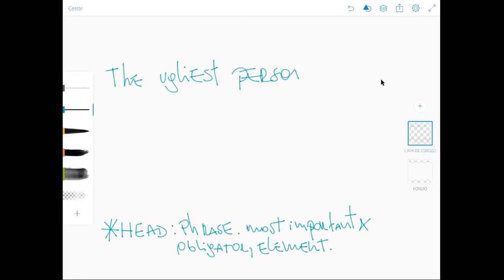Now, if I take a look at this group of words, the ugliest person, then my second question would be, which is the most important word out of those three?